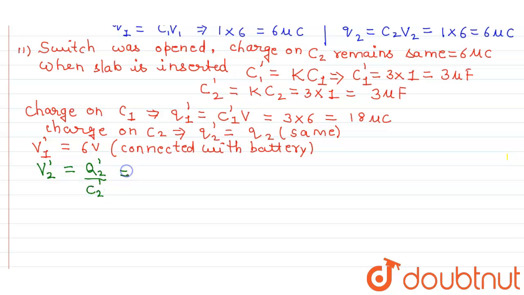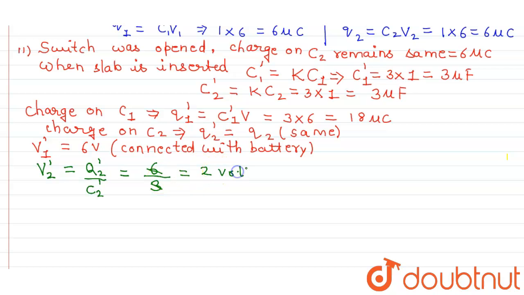The new charge Q2 dash is still the same, equal to Q2, which was 6 microcoulomb. The new capacitance is 3. So that will be 2 volt.